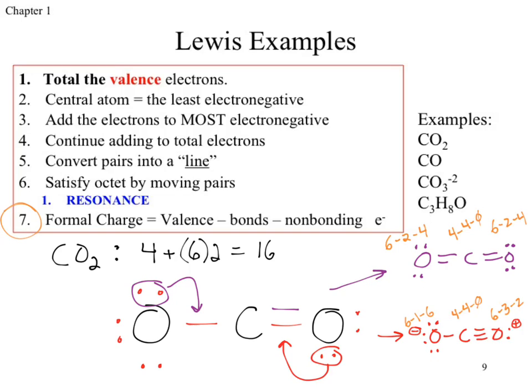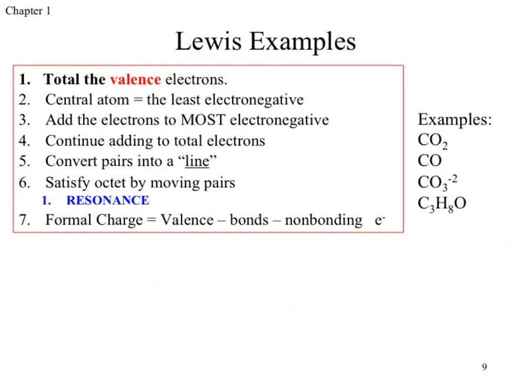One that does have legitimate resonance. Let's try that. Structure that's good for legitimate resonance: CO3 2-, also known as the carbonate ion.